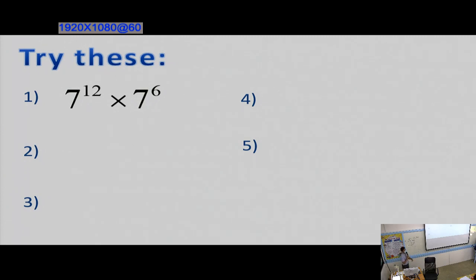How about this one? 7 to the power of 12 times 7 to the power of 6. What's the answer for this one? This is multiplication. Mister, stand up, please. What is the answer for this one? 7 to the power of 12 times 7 to the power of 6.